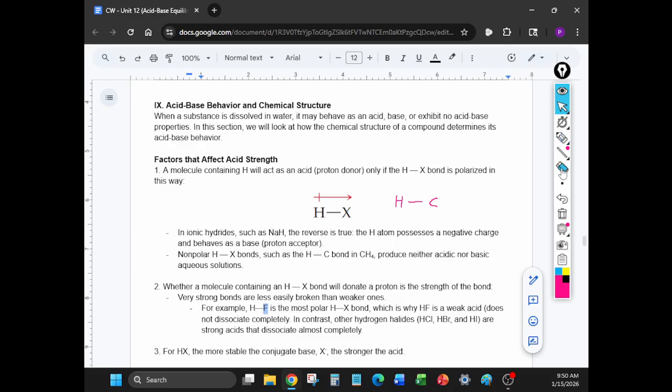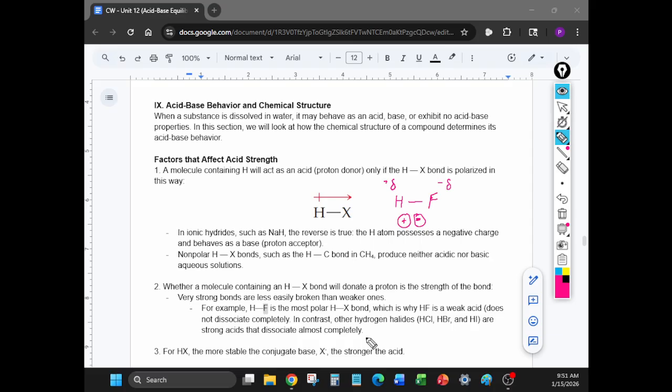So if we have HF right here, F is so electronegative, it's going to pull the electrons to itself very tightly, so it is extremely partially negative, and hydrogen is going to be extremely partially positive. It's going to be almost similar to an ionic bond. It's going to be such a stable and strong bond that the hydrogen is not going to want to ionize.